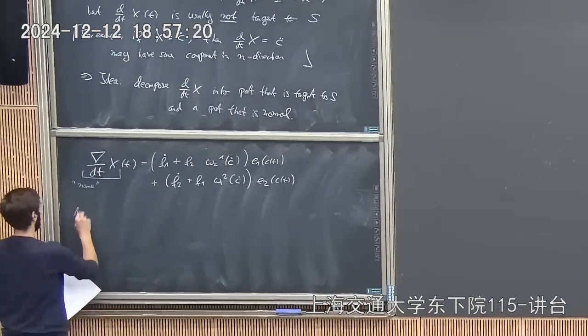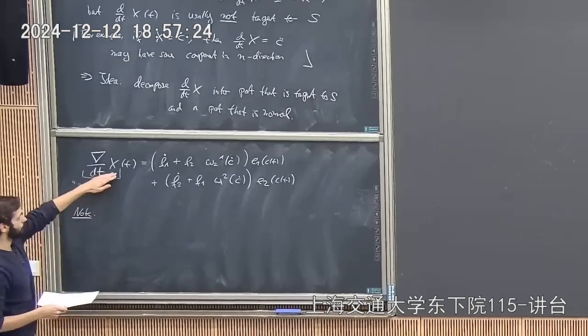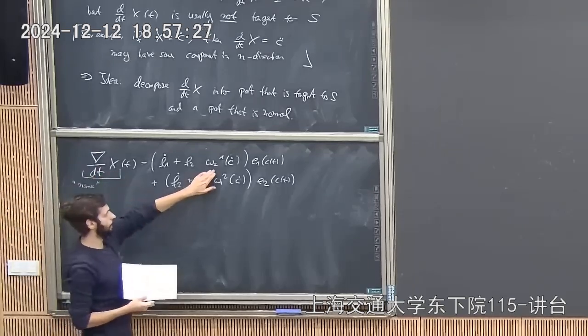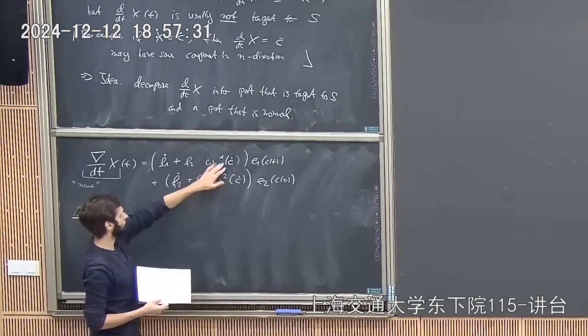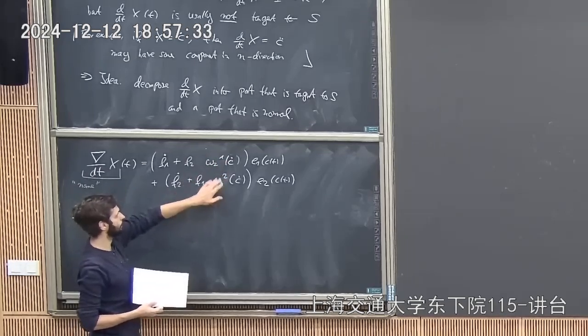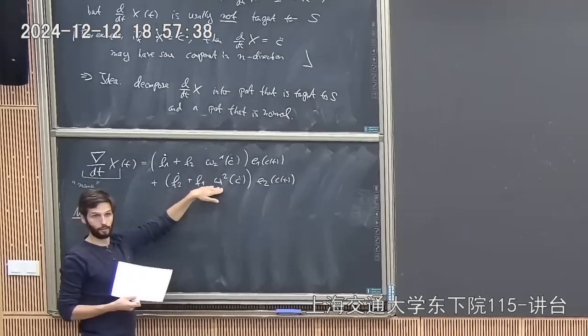So the observation here is that this expression over here only depends on omega 1, 2 and omega 2, 1, which is just minus omega 1, 2. So it really depends only on omega 1, 2, which is the intrinsic part of the connection.